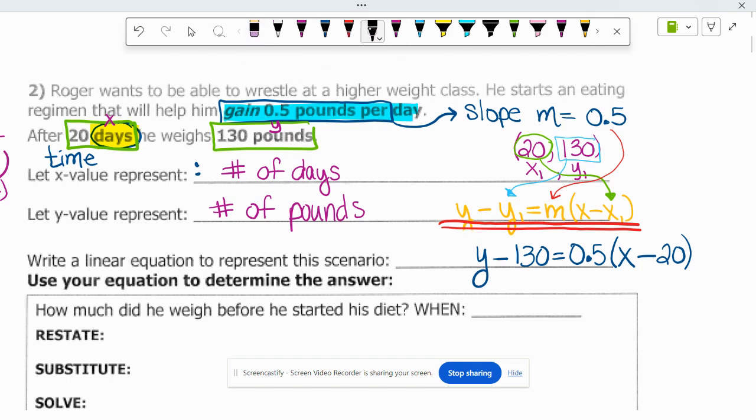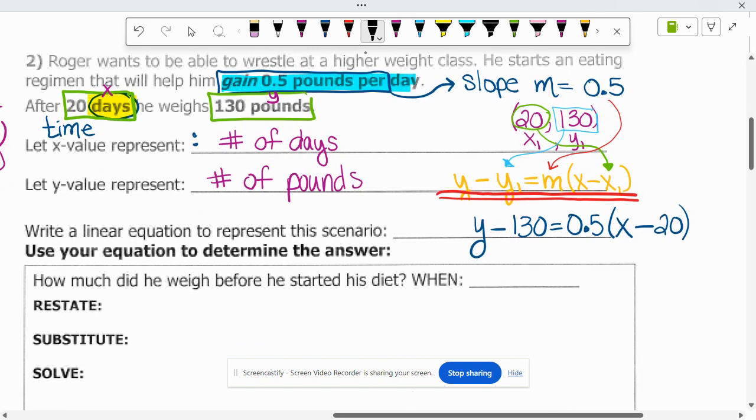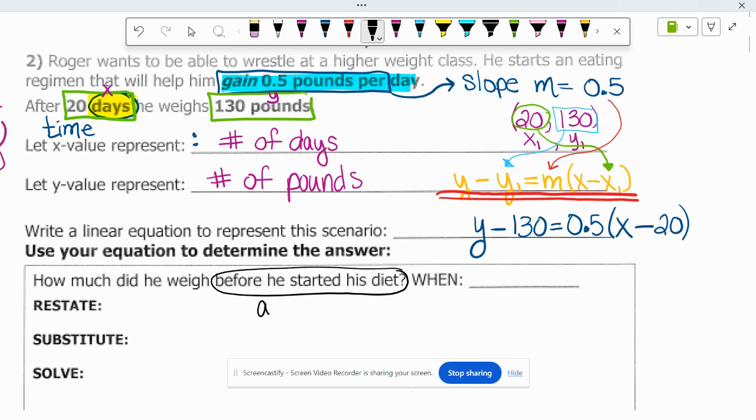Okay. So our question says, how much did he weigh before he started the diet? That's another way of saying at the beginning. Well, what does it mean when we say at the beginning? In terms of an algebraic equation, the beginning value, what is that?